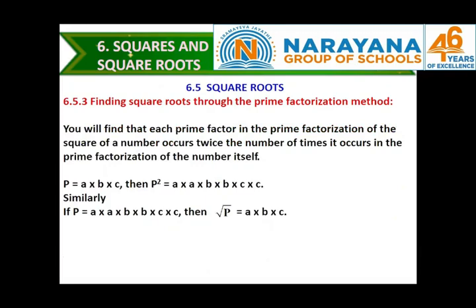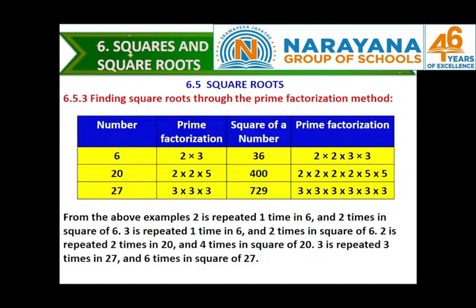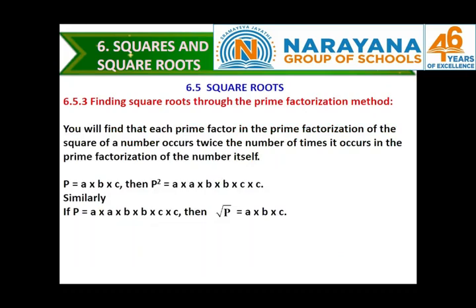So, if you want to find the square root by using the prime factorization method, note that each prime factor in the prime factorization of the square of a number occurs twice the number of times it occurs in the prime factorization of the number itself.